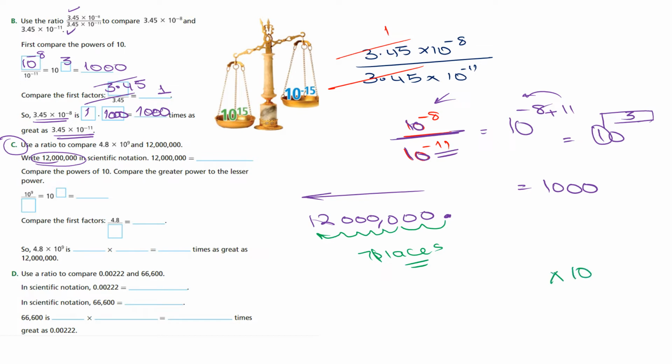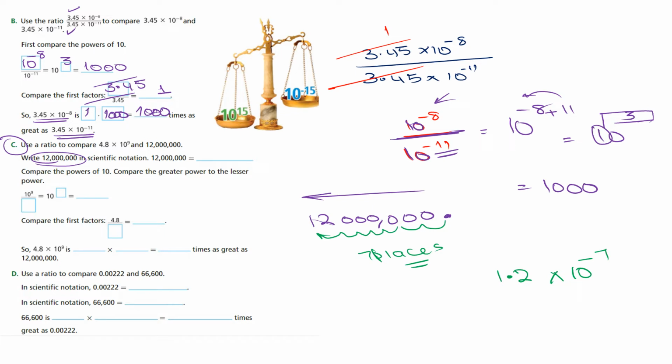So negative power 7 places. And what will you write? 1.2. So we will have 1.2 into 10 to the power of minus 7. Now check if I am correct or I am wrong.